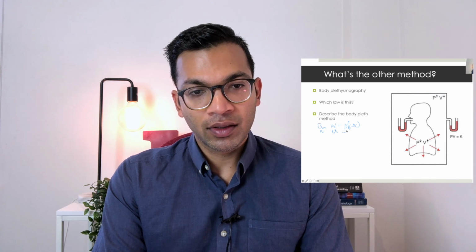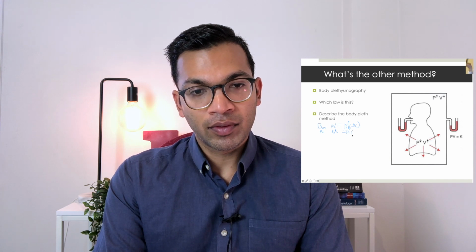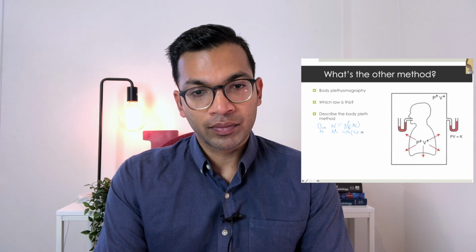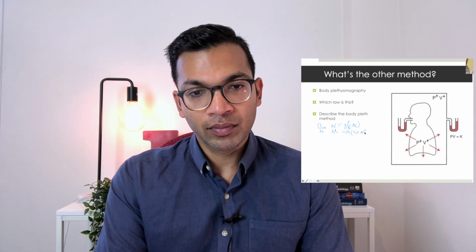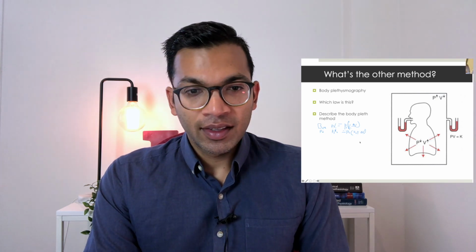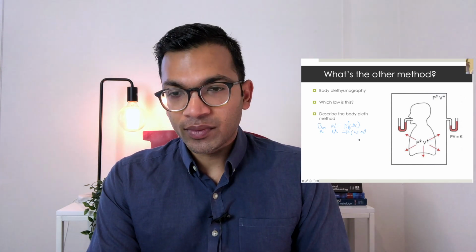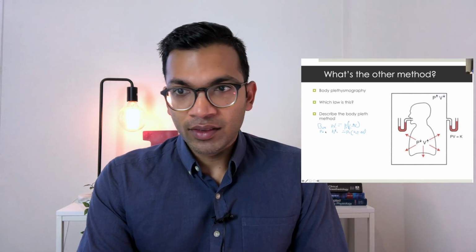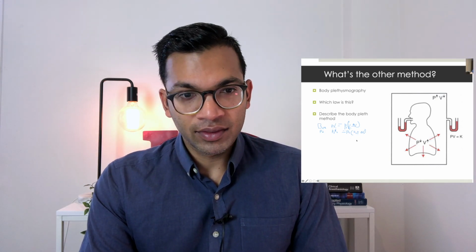Equals the patient's second pressure, so pressure 4, multiplied by volume 2, or FRC, plus the change in volume. So the volume has increased in the patient as they inspire. So it's a positive in that equation, but it's a negative in the box equation because it's decreased the box volume.